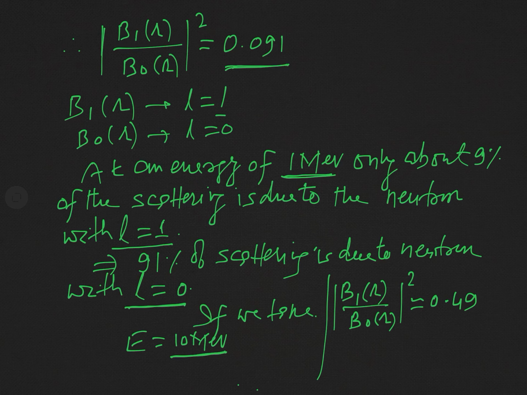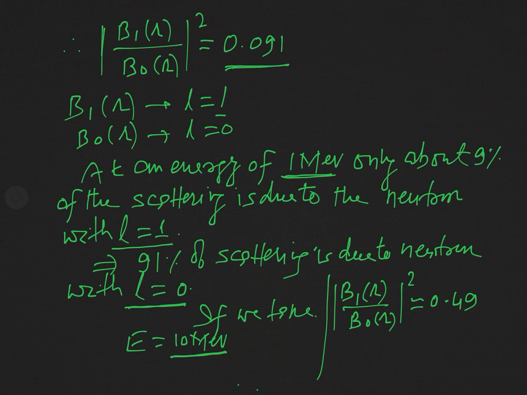So you can see, as the energy of the striking neutron increases, the probability of scattering of the wave having L greater than 0 increases. So if we have to keep to the scattering of S wave, definitely we should keep the energy of the striking neutron below 10 mega electron volt.